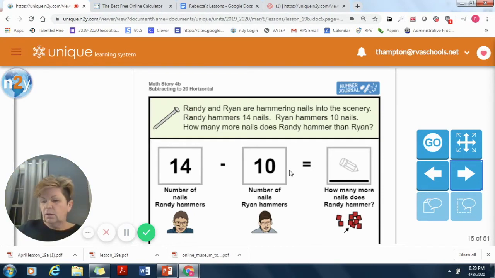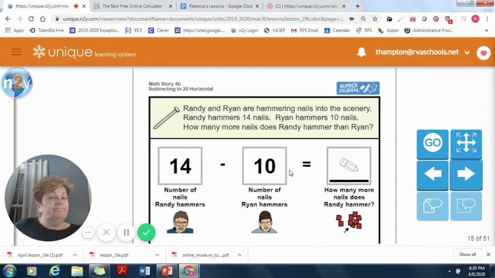So 14 minus 10, nice and straight in our lines, our ones column where the 4 and 0 is, and our tens column where our 1 is.